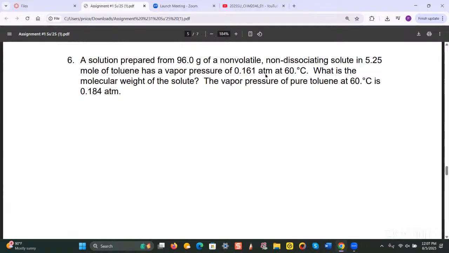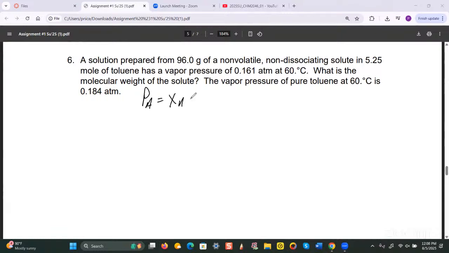So basically, this is a Raoult's law type of problem. Raoult's law says that the vapor pressure of a solvent is equal to the mole fraction of that solvent times the vapor pressure of the pure solvent, right?